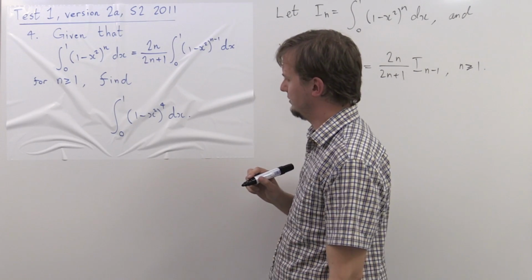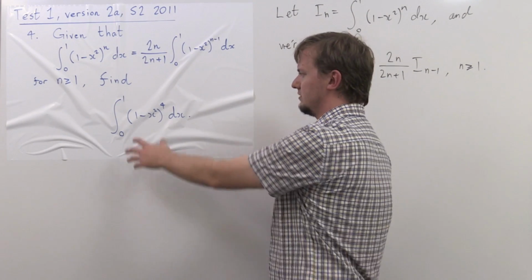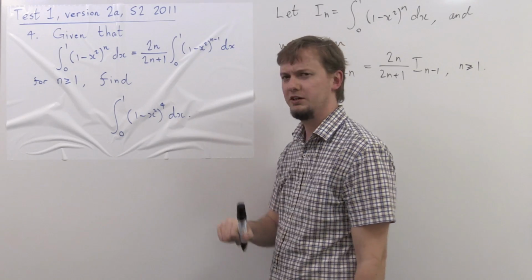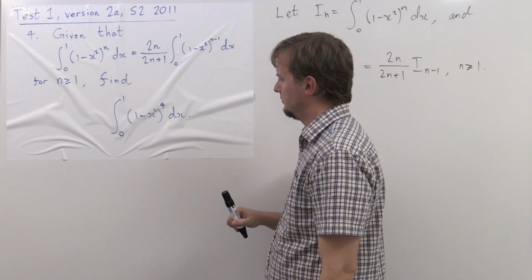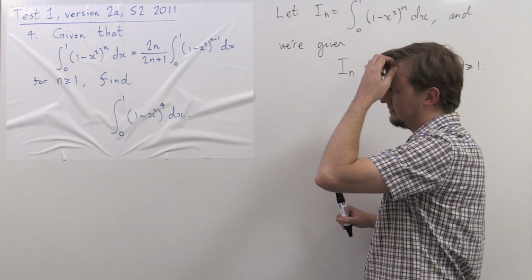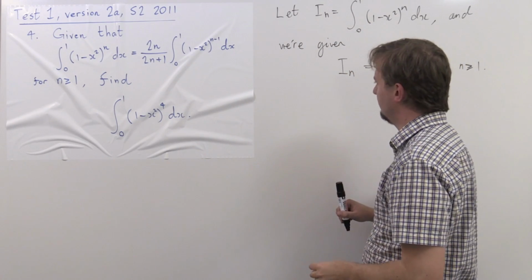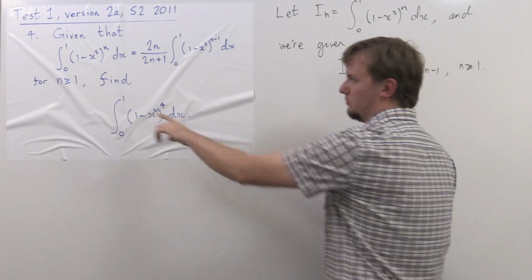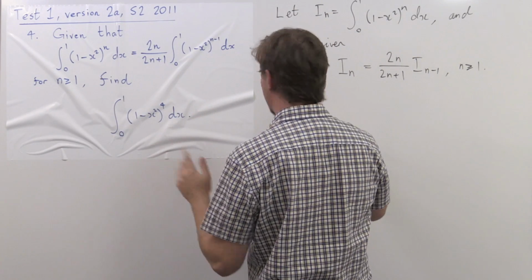So what is the question actually saying? Well, the question is just saying, in this notation, find I4. So, well, let's start as low as we can and build up towards that. Let's just start with what we actually can do. So, I1.